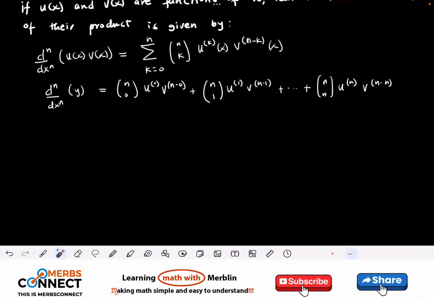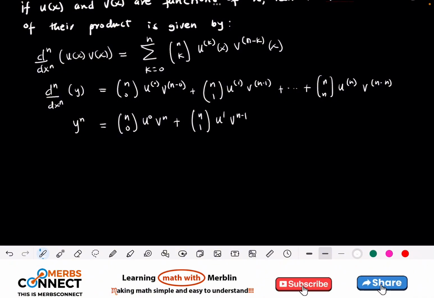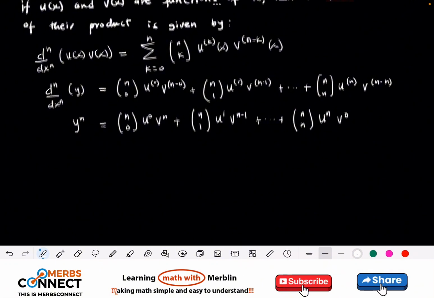Now, when I differentiate this, I'm going to have y to the power n, and this is the same as n combination 0, u to the power 0, v to the power n, plus n combination 1, u to the power 1, v to the power n minus 1, plus up to n combination n, u to the power n, and then v to the power 0.